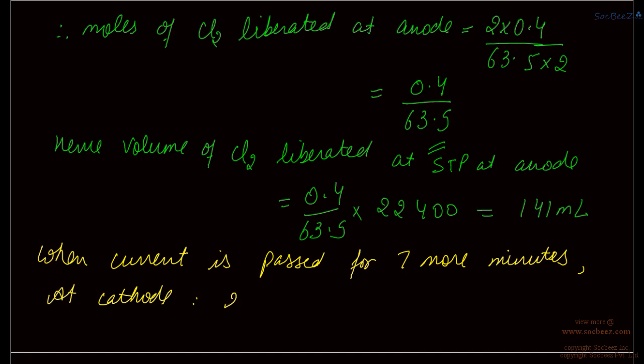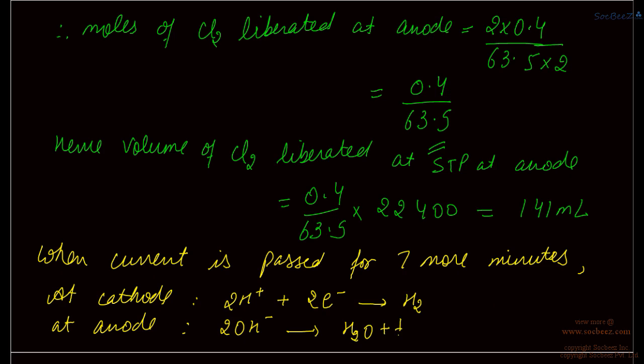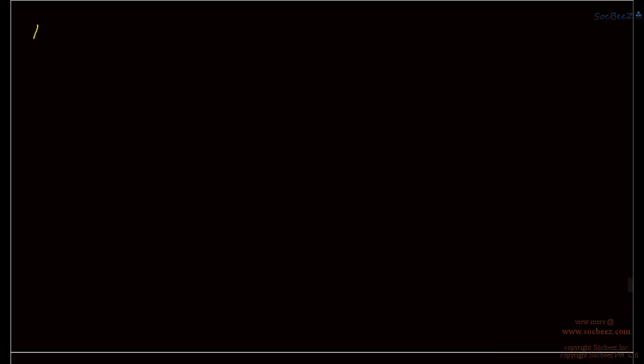Hence the reactions occurring at cathode are 2H plus plus 2e negative giving us H2, and at anode it is 2OH negative giving us H2O plus half O2 plus 2 electrons.